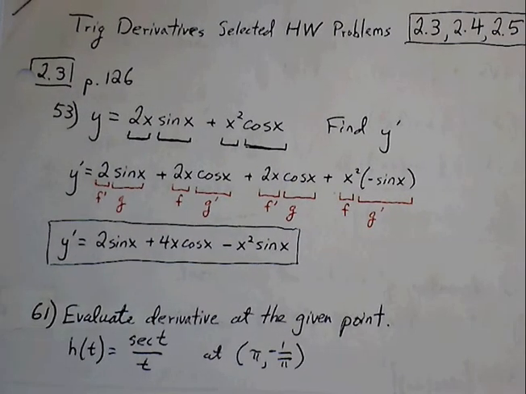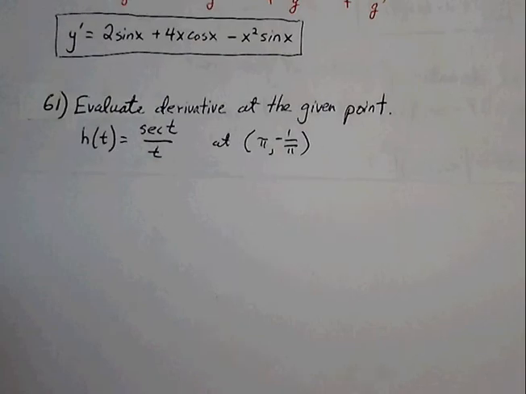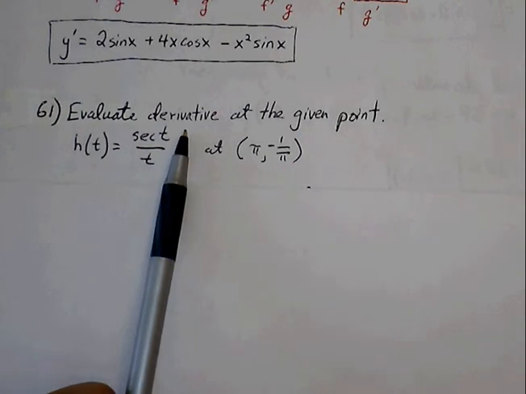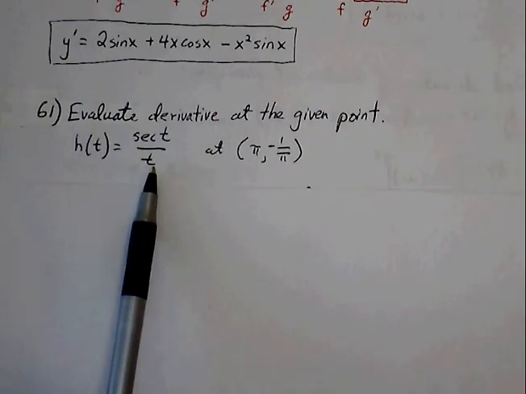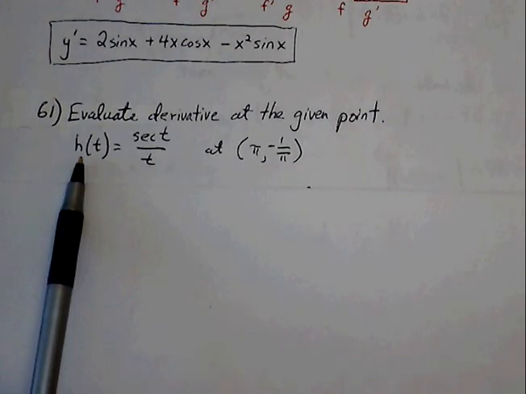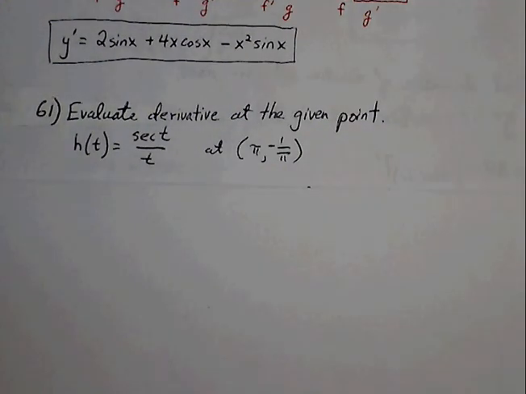Okay, 61. Evaluate the derivative at the given point. H of t is equal to secant of t over t at pi and negative 1 over pi. All right, if we're just trying to evaluate the derivative, we just need to find h prime, and then we plug in the t value into the derivative to evaluate it.